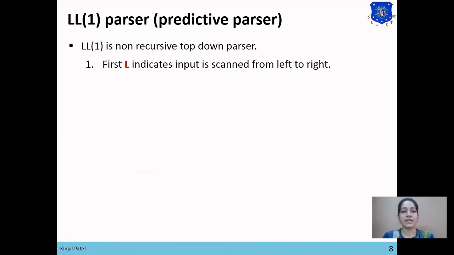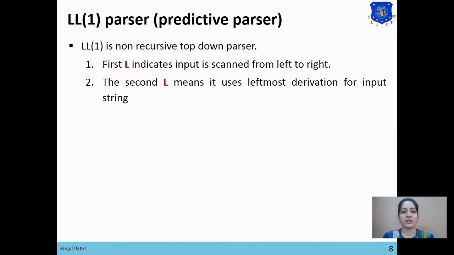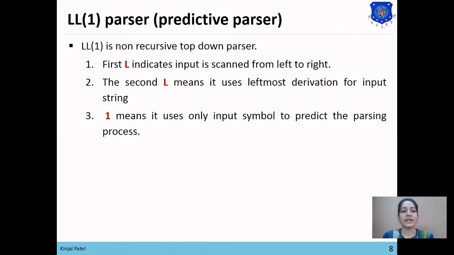Then the second L means it uses leftmost derivation for the input string, as all the top-down algorithms use leftmost derivation. Then 1 indicates the lookahead, means only one input symbol is used to predict for the parsing process. Means the parser will make the decision by seeing only one input character.